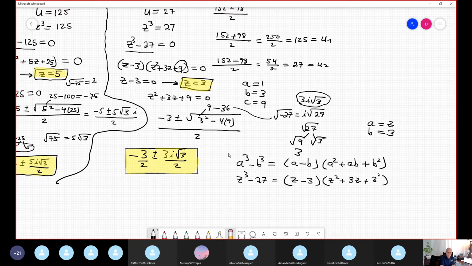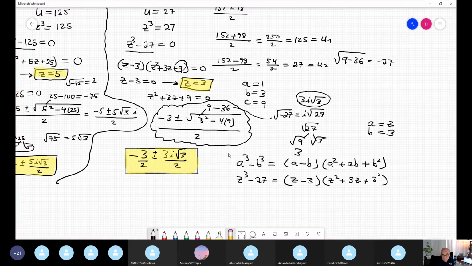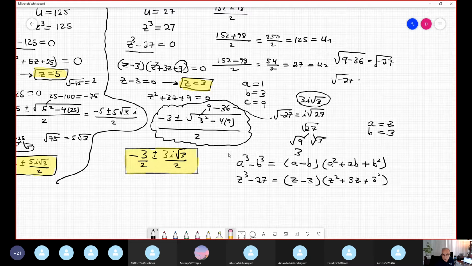Clear? No, I mean, thank you for that, but when you did the formula, when you put the 27 in the radical and you got 3i radical 3. Okay. So you understand that there is a formula? Yes. You understand now that 9 minus 36 is minus 27, right? Now this is the moment to apply the square root. And the square root of negative 27 is i times the square root of positive 27.